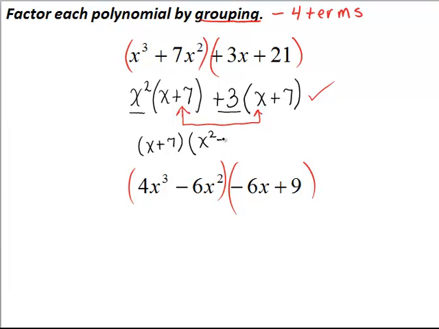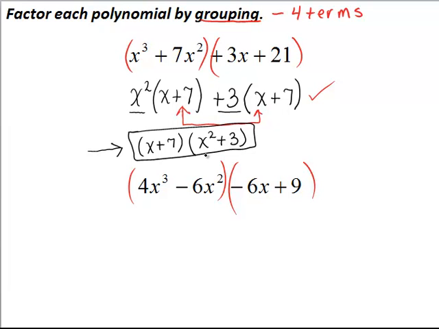So here's x squared plus 3. I have factored it now using the method of grouping, so my answer is simply this right here. Hopefully it was clear why this occurred.